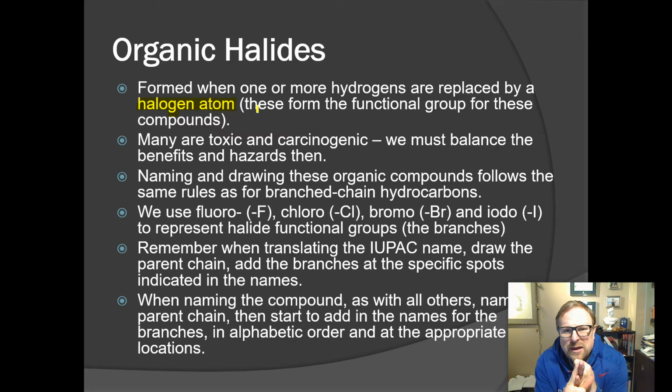If you have an aromatic ring in it, a benzene ring, we identify it as an aromatic compound. If you have a halogen present, we can identify that compound as being an organic halide. So that's the functional group. A halogen present means it's an organic halide.